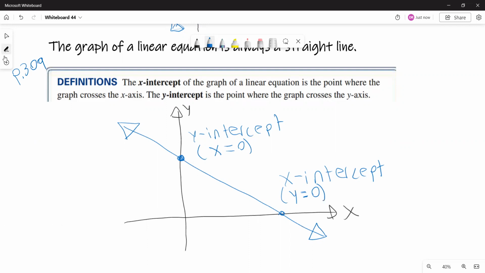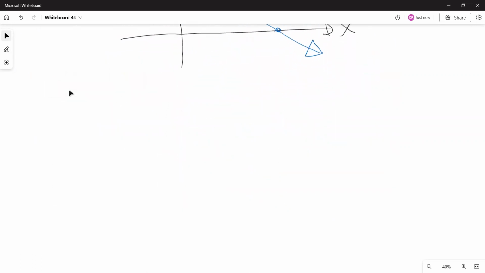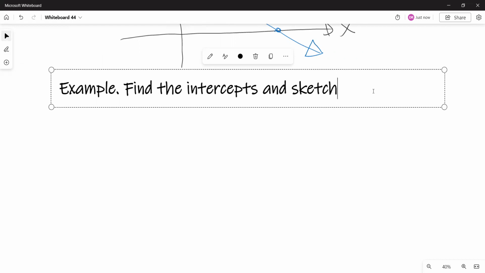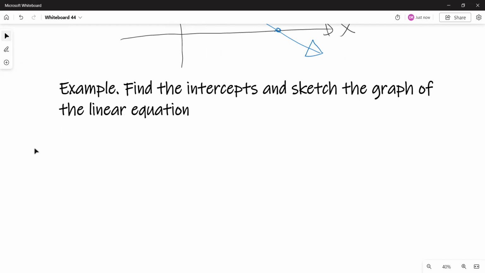So what we're going to do is find the intercepts and sketch the graph of the following linear equation. The linear equation is 4x plus 5y equals 16.